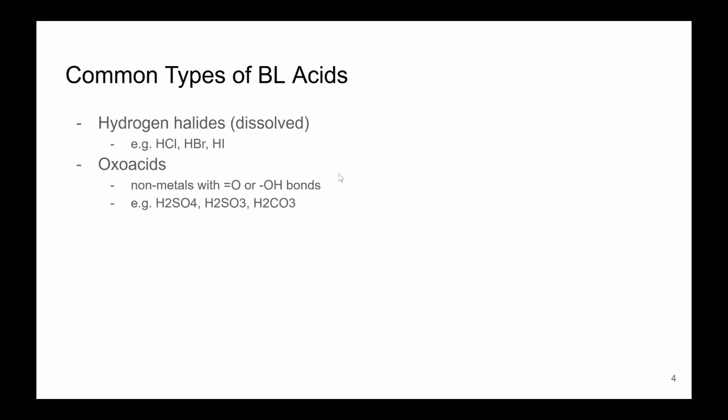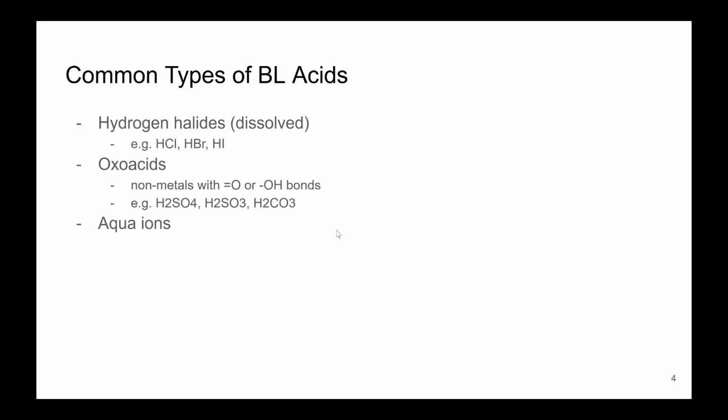Oxo acids are your sulfuric acids and a lot of other acids where you see the anion has a nonmetal attached to several oxygens, and the oxygen will sometimes be double bonded to that nonmetal and sometimes single bonded to the nonmetal and single bonded to hydrogen. And this OH bond might break to dissociate the H+ ions.